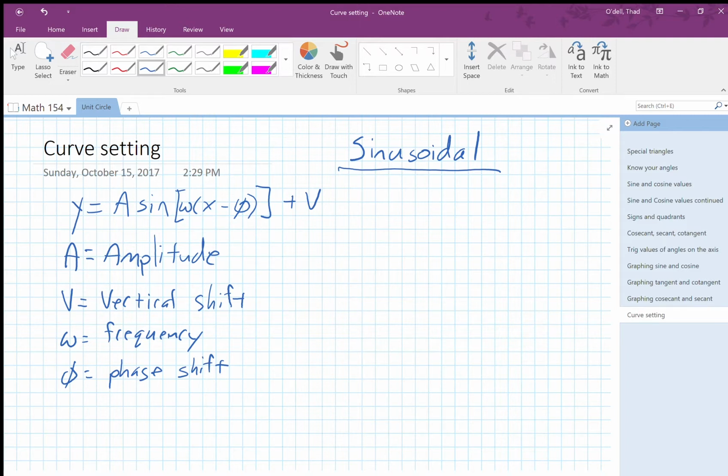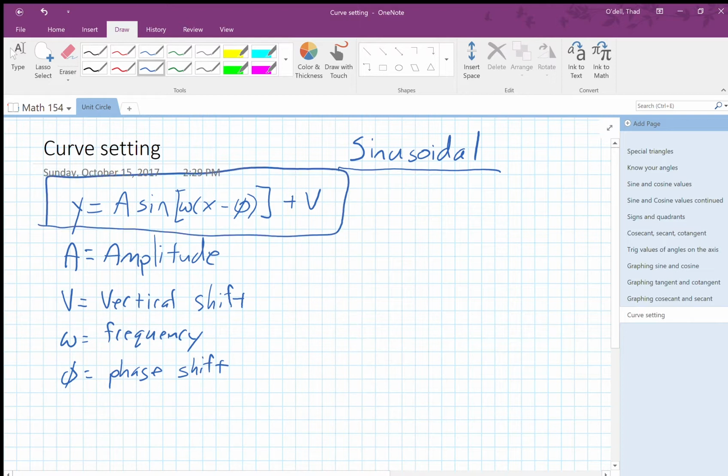But with the trig functions, I think there's a better approach, by looking at the different numbers that can be in an equation. I've written a general form of a sine or cosine equation, and each one of those letters represents a potential place where a number can be put in that'll change the shape of the graph.